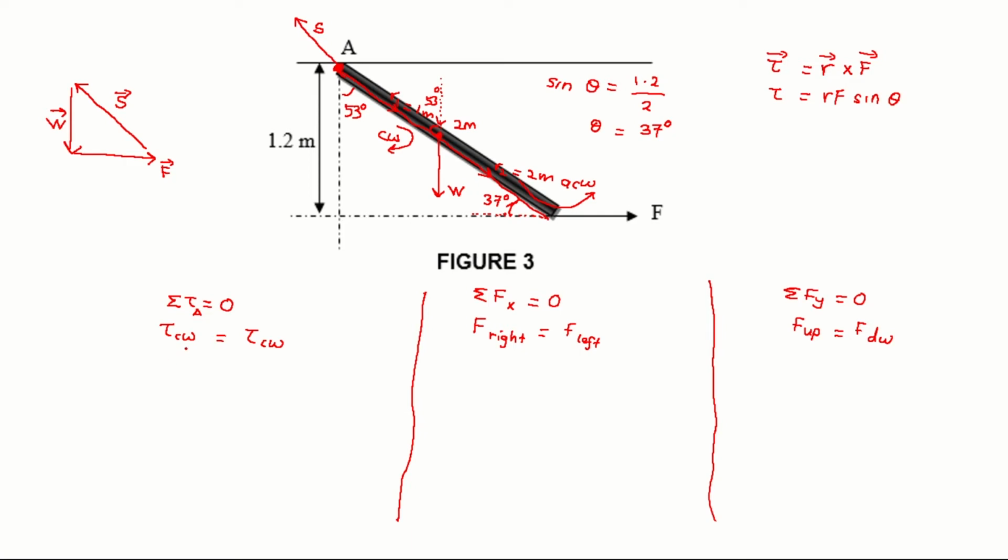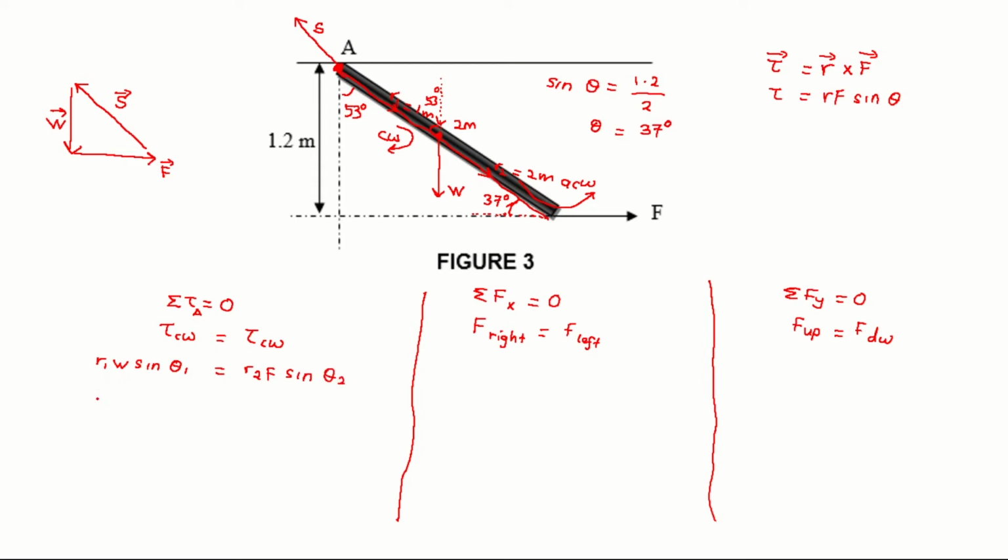So torque clockwise equals torque anti-clockwise. Torque clockwise is for weight. So weight times R1 times sine theta 1 equals torque anti-clockwise, R2 times applied force F times sine theta 2.